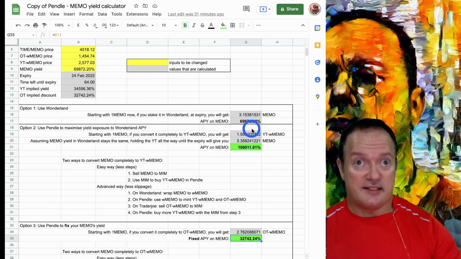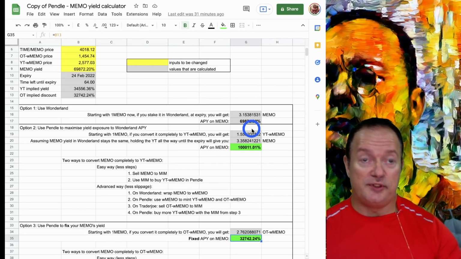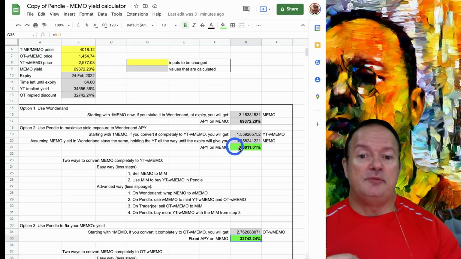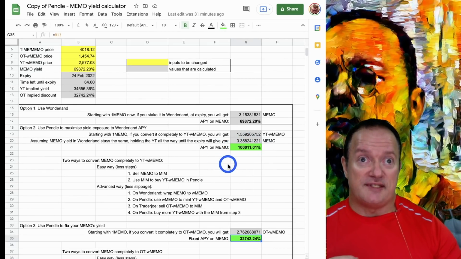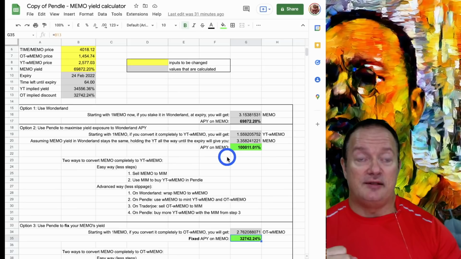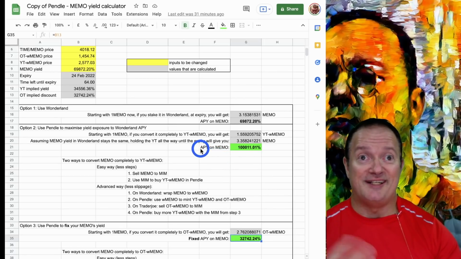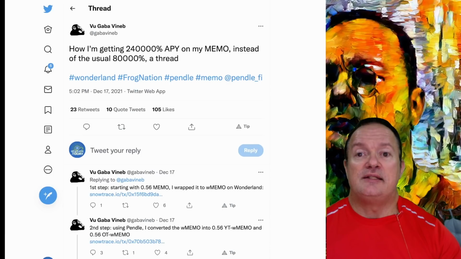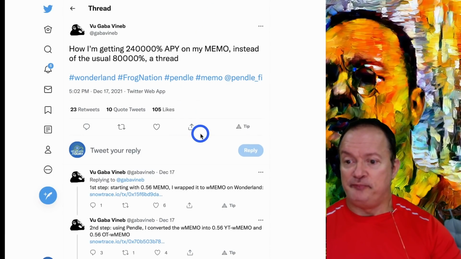Using the strategy that he's explaining and that I'm going to go through with you, and then I'm going to try step by step to replicate, I should be able to obtain 100,000% with it. That's 31,000% more than what I'm getting if I just stake regularly on the Wonderland protocol right now. So I think I want to do that, right? Good idea? Okay, so let's try that and let's see if we can replicate it.